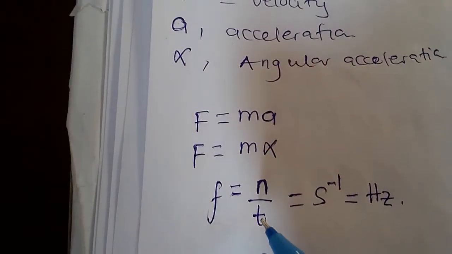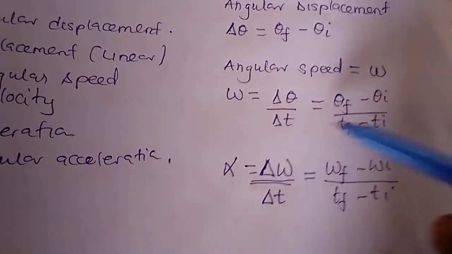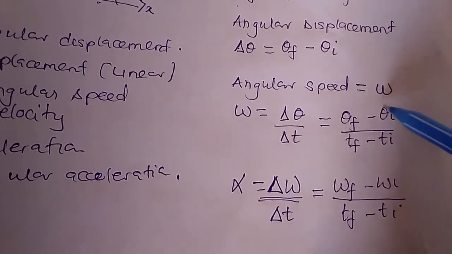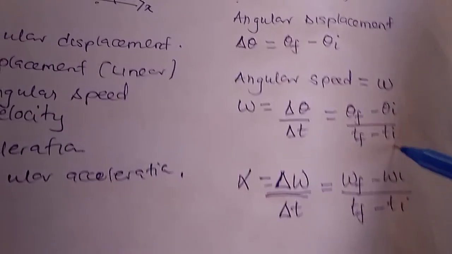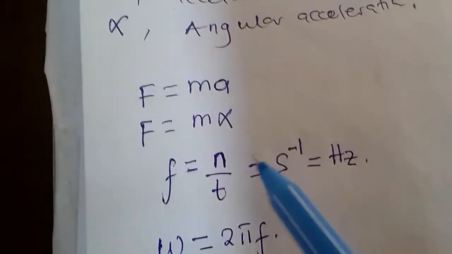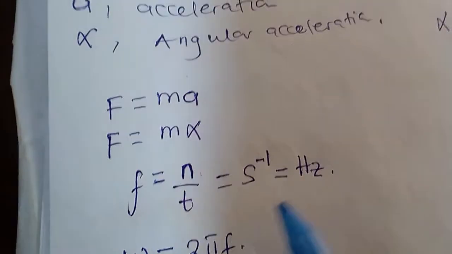But then time, we go back to the angular speed formula, where we've talked about the change in angular displacement divided by the change in time. Relating it to frequency, frequency is the number of rotations, how much it is rotating.